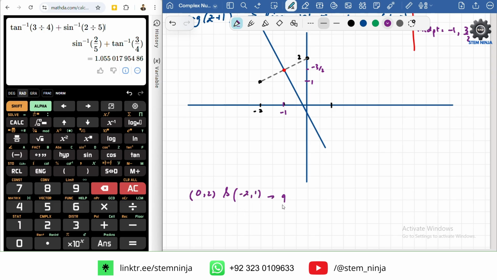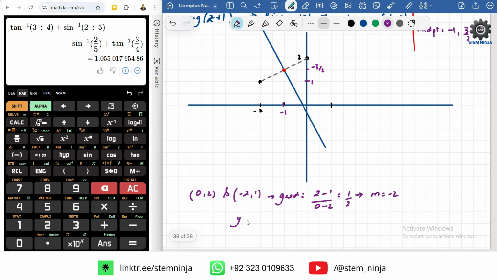So gradient is going to be 2 minus 1 over 0 minus -2. So this is 1 over 2. So m would be -2.